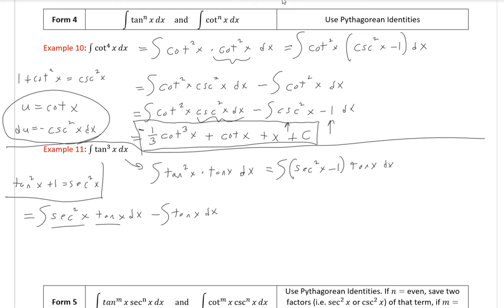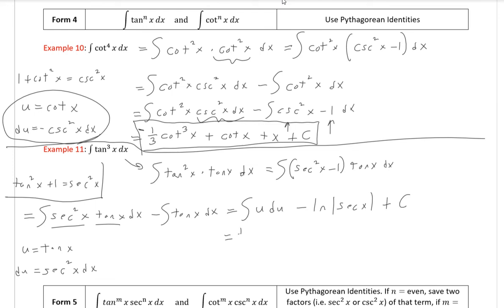This one, if we do as a u du situation, we would set u as tangent x. Du would be secant squared, positive this time. Again, apologies for the previous error. So that would be the integral of u du minus the integral of tangent, which is actually just natural log of secant, plus c.